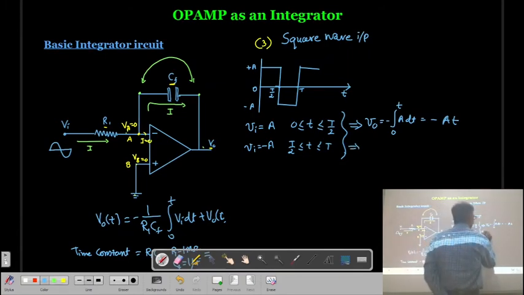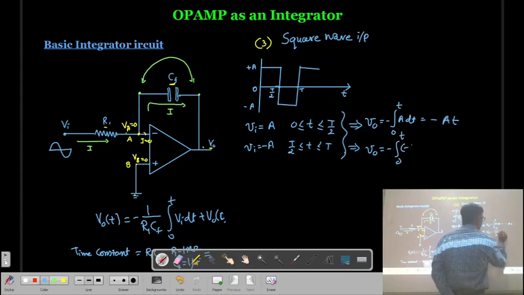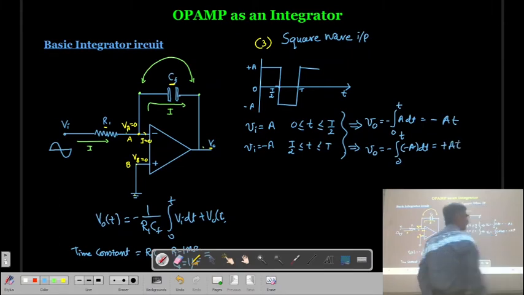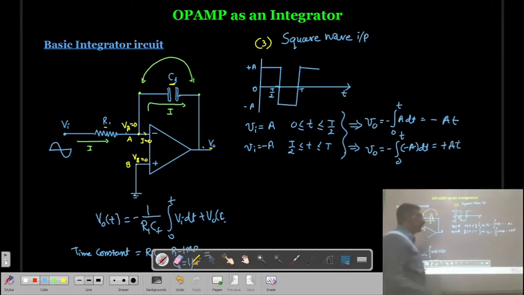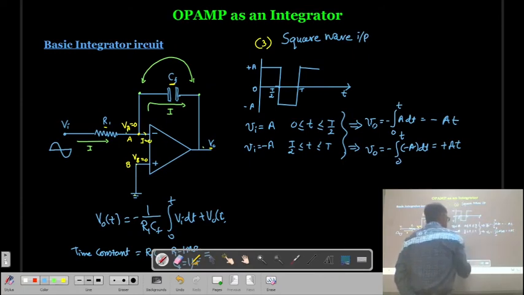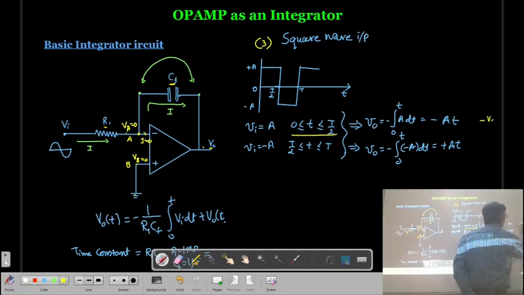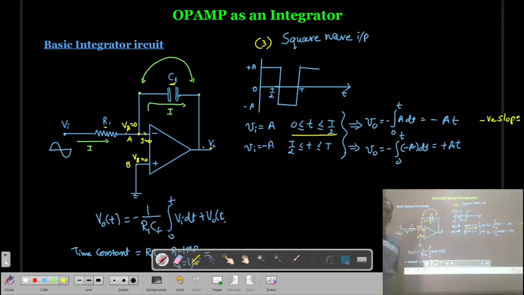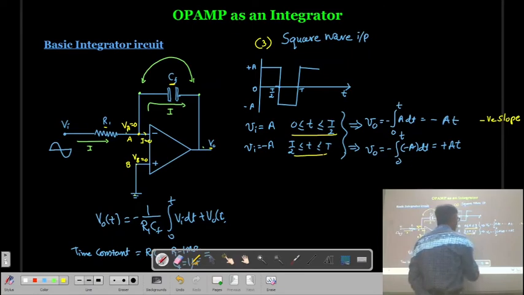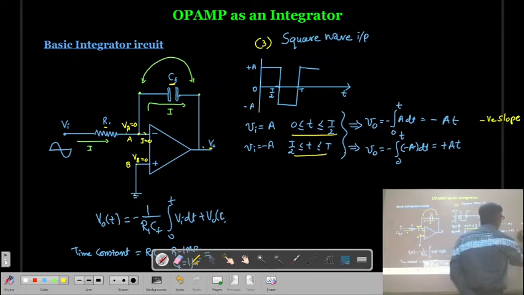When the input signal is minus A, then the output voltage is integration 0 to t of minus A dt, and that is plus At. So during the time period 0 to T by 2, we have a negative slope, and during the time period T by 2 to T, we have a positive slope.